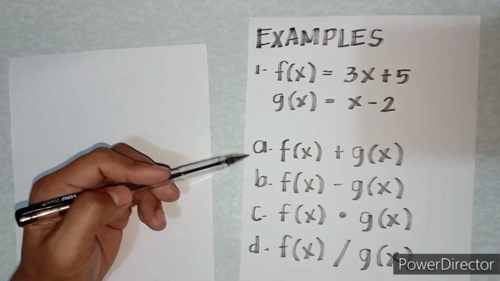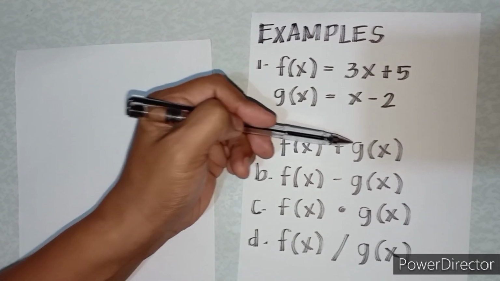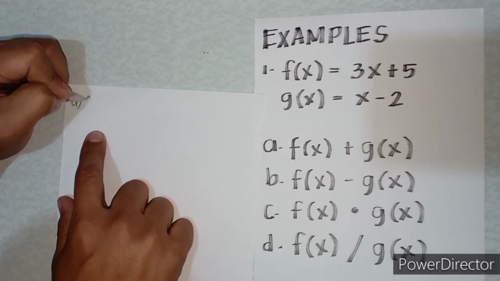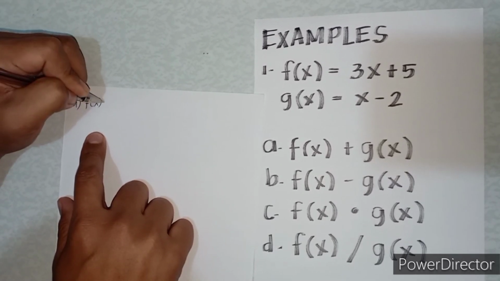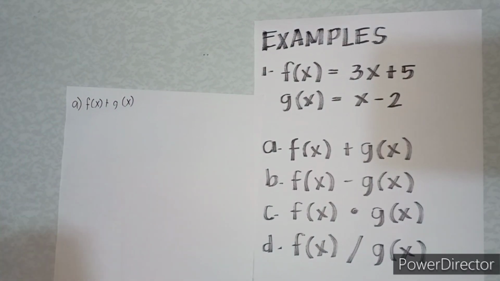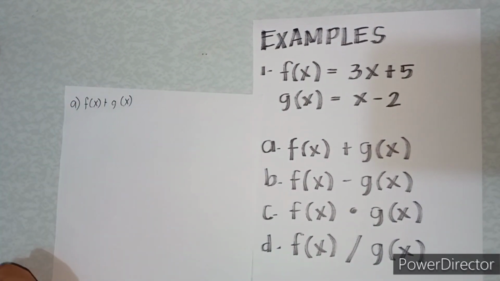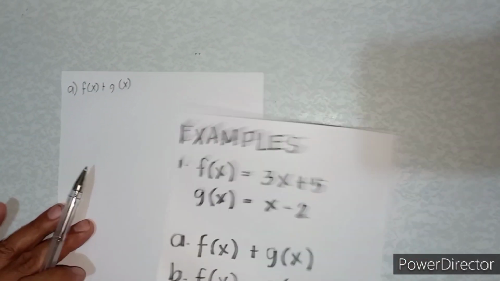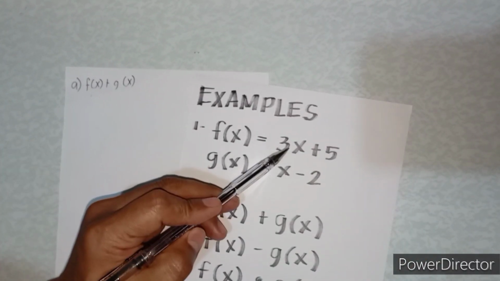And we have letter A, f of x plus g of x. Okay, so we have A, addition po yan, f of x plus g of x. All we have to do is to substitute it. Alam natin mga anak that f of x, the given is 3x plus 5.